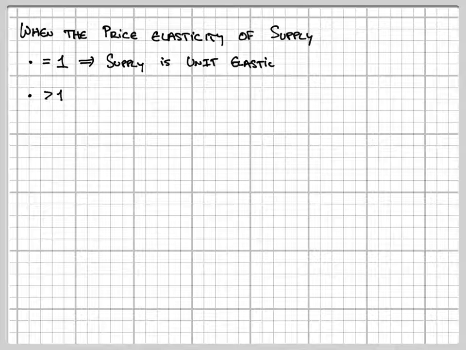When it is greater than 1, supply is elastic, as it was in the previous example. So a 1% increase in the price of a good leads to a more than 1% increase in quantity supplied. So that's where quantity supplied is very responsive to changes in price.